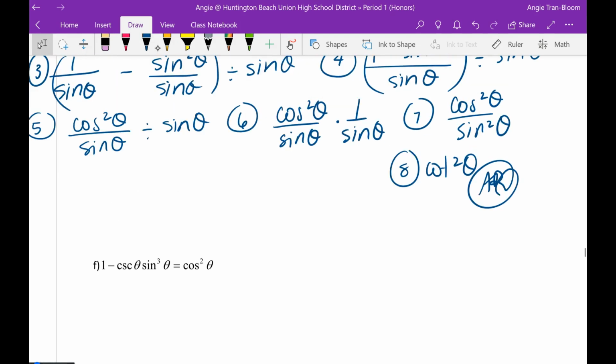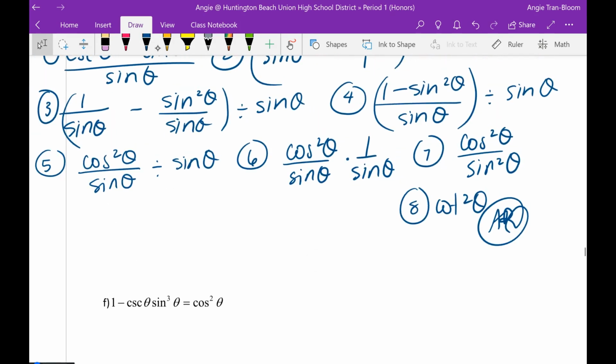This is the last one. Yeah, so far so good.